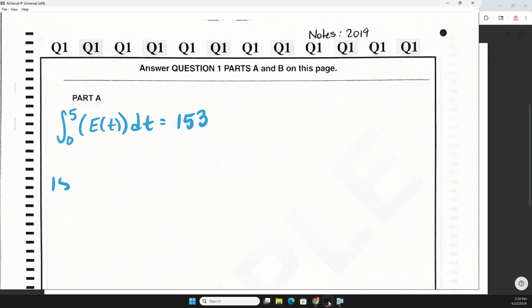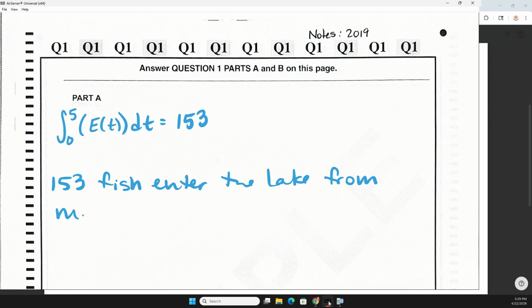So 153 fish enter the lake from midnight to 5 a.m. All right.